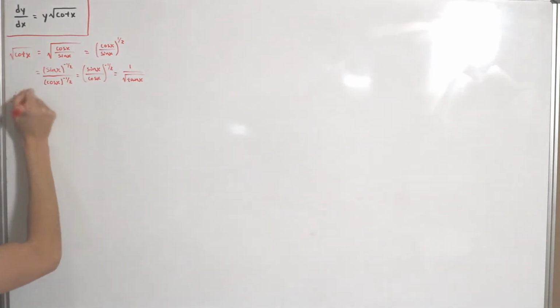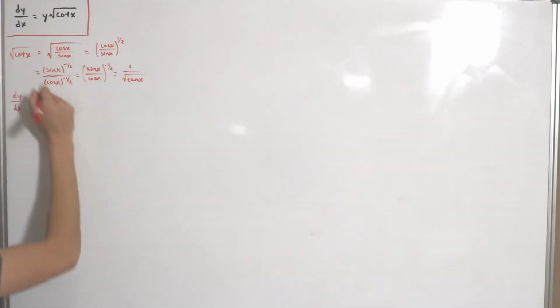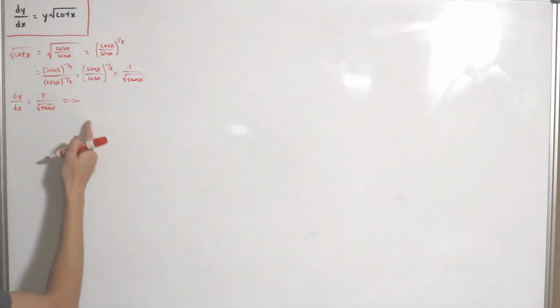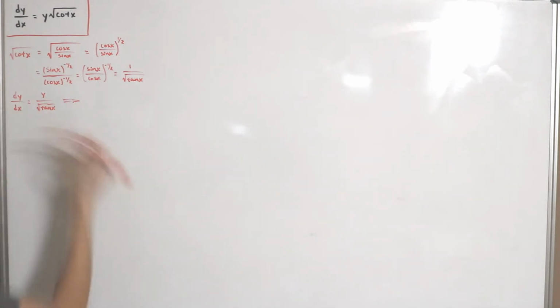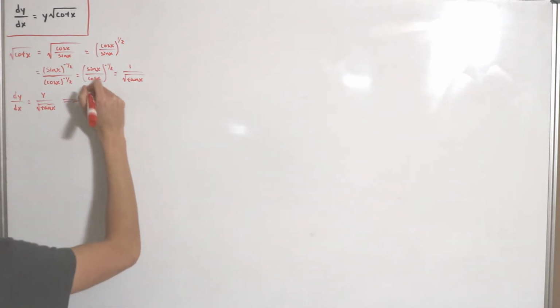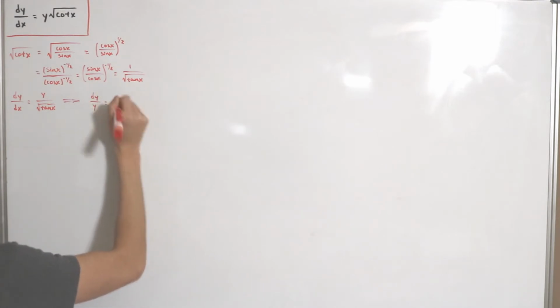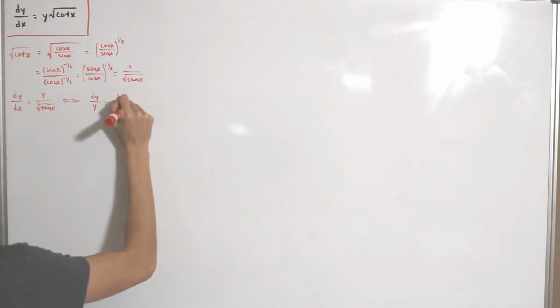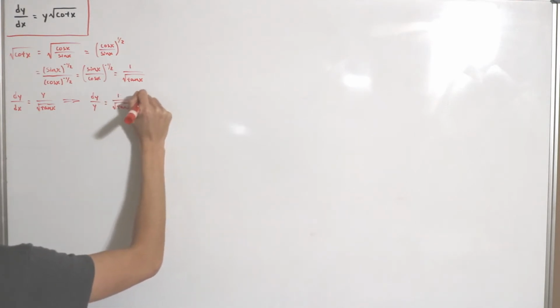So far, dy/dx equals y divided by the square root of tangent x. Now I'll multiply by dx on both sides and divide by y on both sides so that we get our terms by themselves. So we get dy divided by y equal to 1 divided by the square root of tangent x dx.